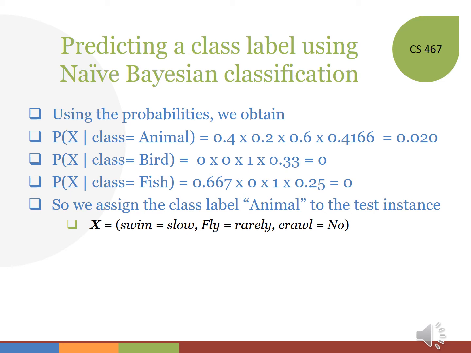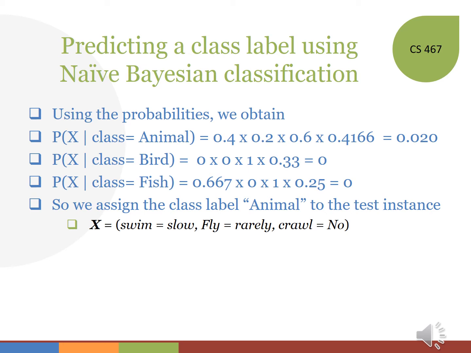So probability of x given class equal to animal is equal to probability of swim equal to slow given class equal to animal, multiplied with probability of fly equal to rarely given class equal to animal, multiplied by probability of crawl equal to no given class equal to animal, multiplied with the probability of animal class. That's equal to 0.4 into 0.2 into 0.6 into 0.417. That's equal to 0.020.